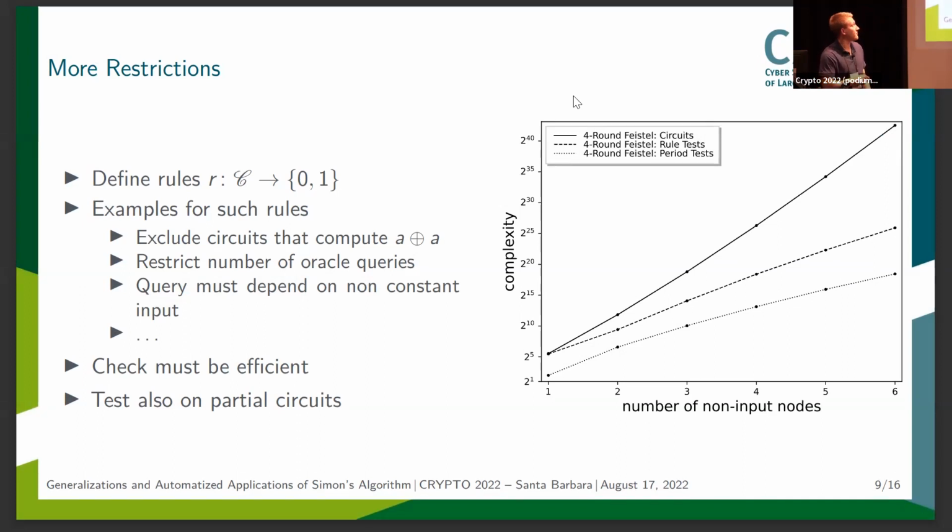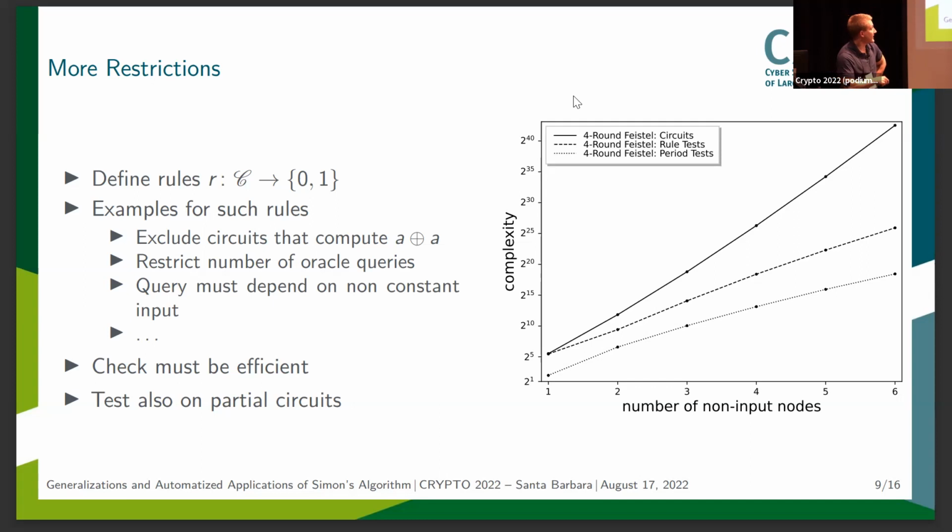And to give you some numbers, here is the search for 415, so another attack that was already known before. So we first try to rediscover known attacks to see whether our approach would actually work. And this solid line is the number of circuits you would have to test if you do the trivial approach, where you don't do any of these tests or normalization or anything like this.